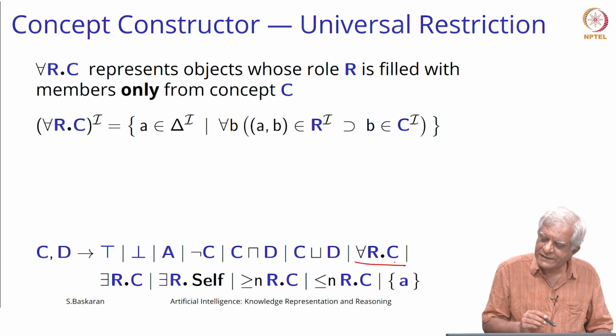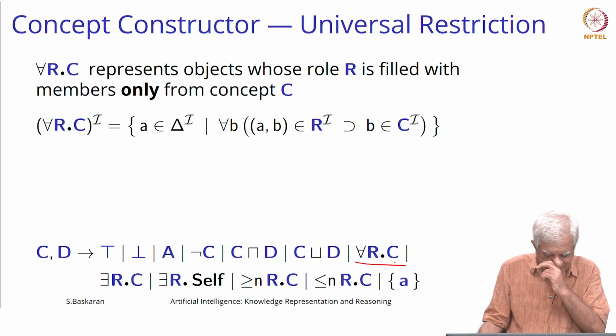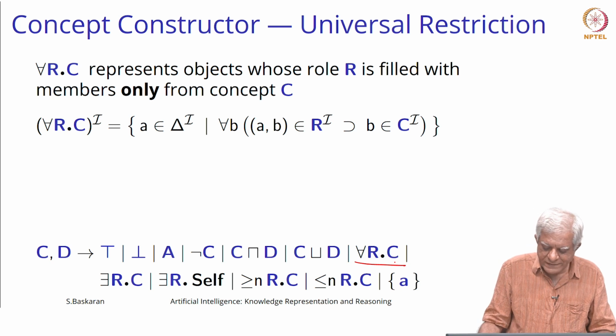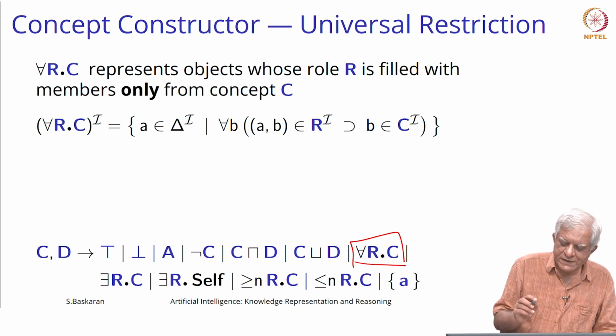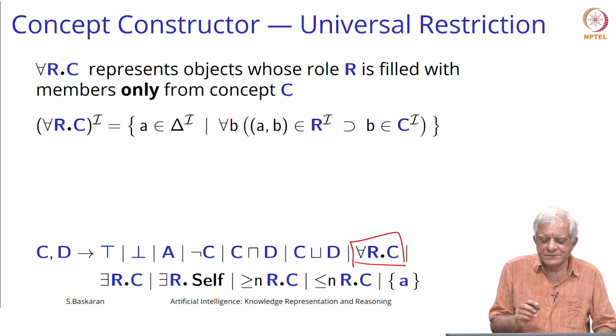Then we have these restrictions on roles. So, R stands for a role and C is a concept. So, this for all C says that all those objects whose role is filled with members only from the concept C essentially.